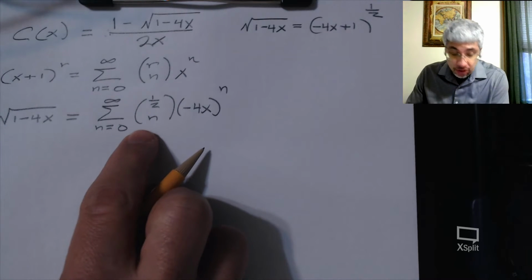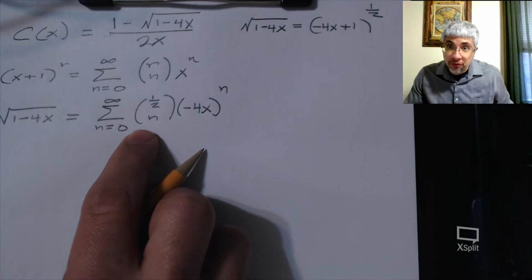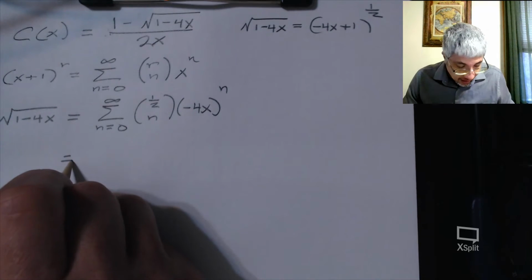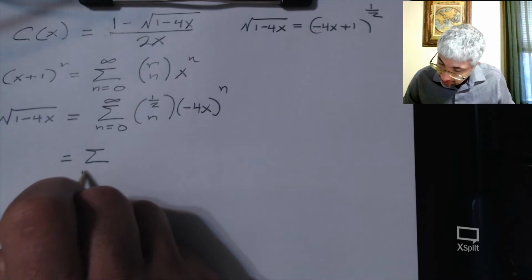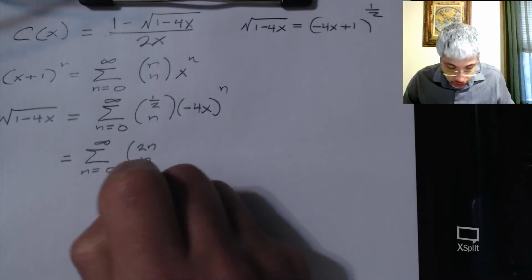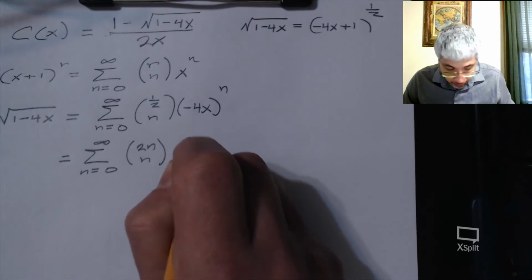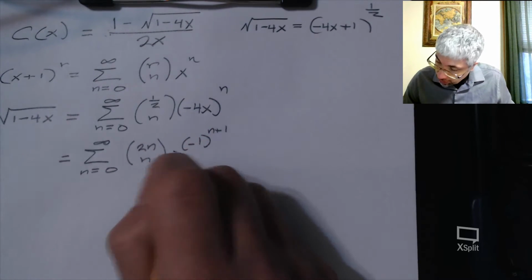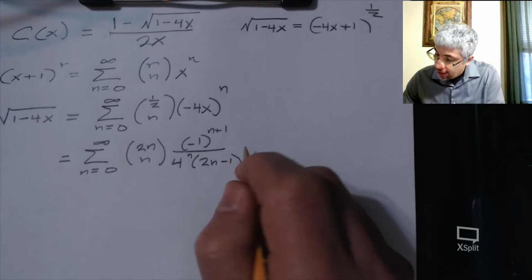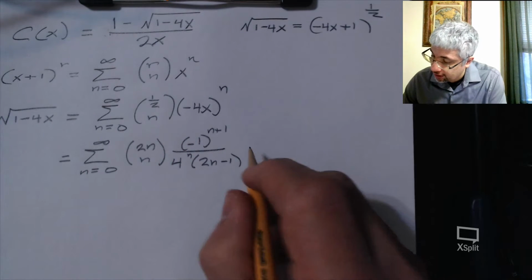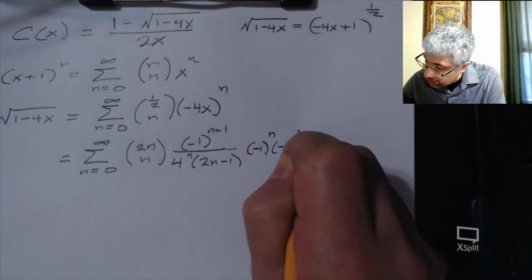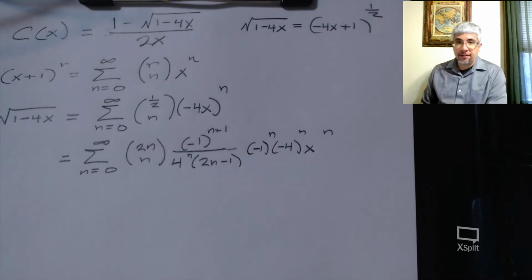So I'm just going to fill in what I have written down from that video without going through the entire construction again. So we got the sum from n equals 0 to infinity of 2n choose n, minus 1 to the n plus 1 over 4 to the n times 2n minus 1. And of course, we still have this minus 4x to the n, but I could write it as minus 1 to the n, 4 to the n, x to the n.